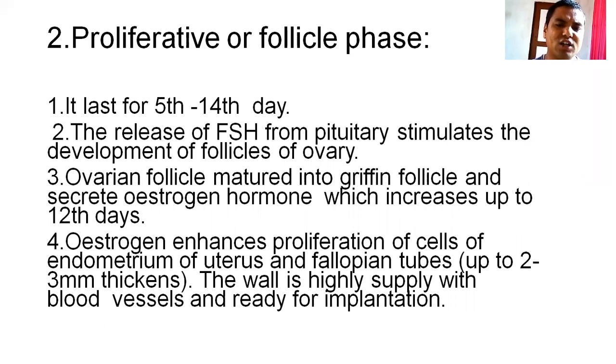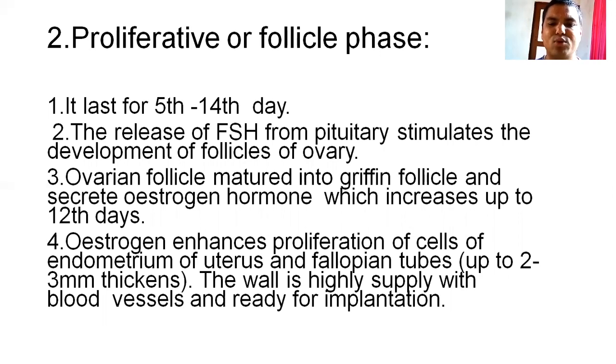The proliferative or follicular phase lasts for 5 to 14 days. Previously I also explained this from the figure. The release of follicle stimulating hormone, FSH, from the pituitary stimulates the development of follicles of the ovary. Ovarian follicles mature into the Graafian follicle and secrete estrogen hormone, which increases up to the 12th day.